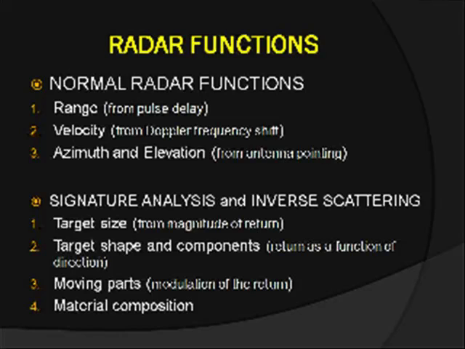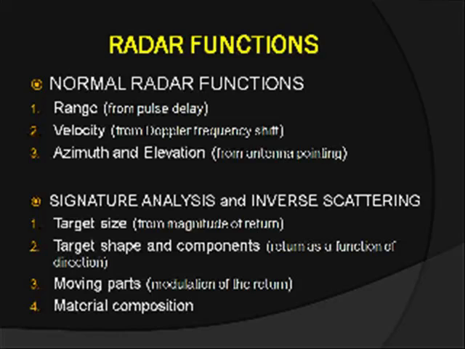For this, the echo signal is processed separately and we get this information which will be useful to quantify whether the incoming target is a simple one or a complicated object or an unknown one. We call the method signature analysis or inverse scattering problem.